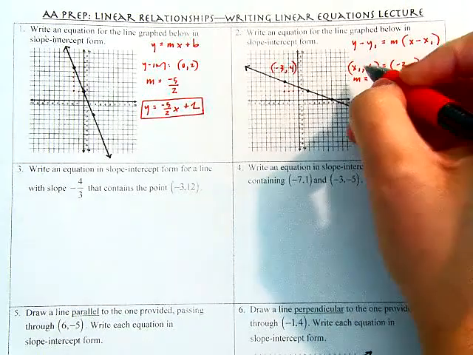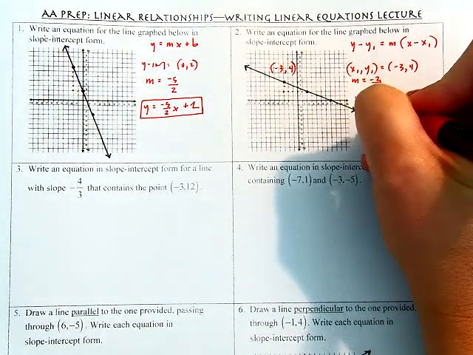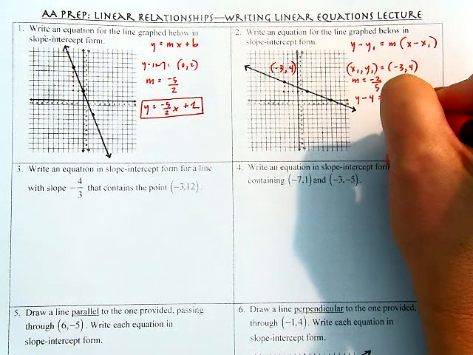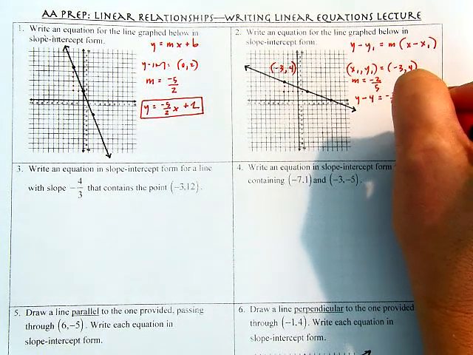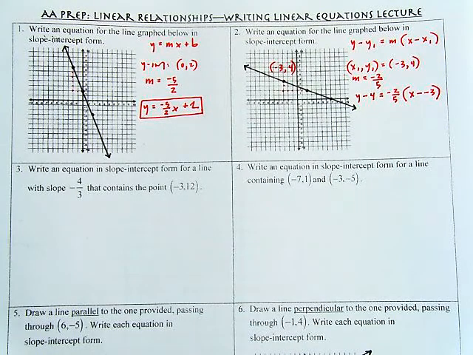So I'm going to go ahead and plug in. y minus 4 equals negative 2/5 times x minus negative 3. So I've plugged into point-slope form. I knew a point, I knew my slope, and I couldn't see the y-intercept clearly.